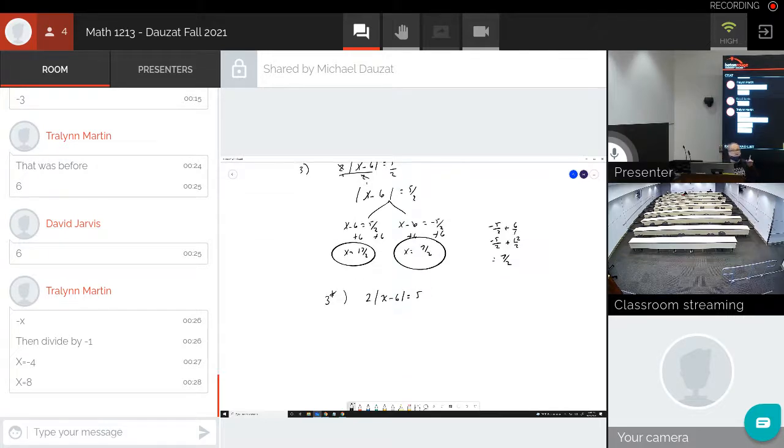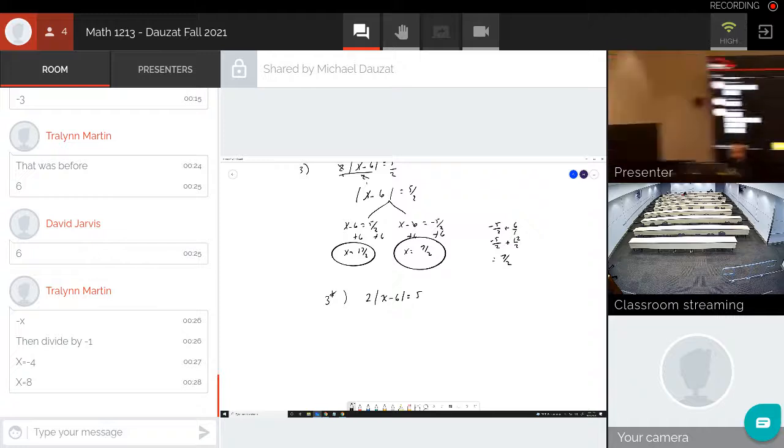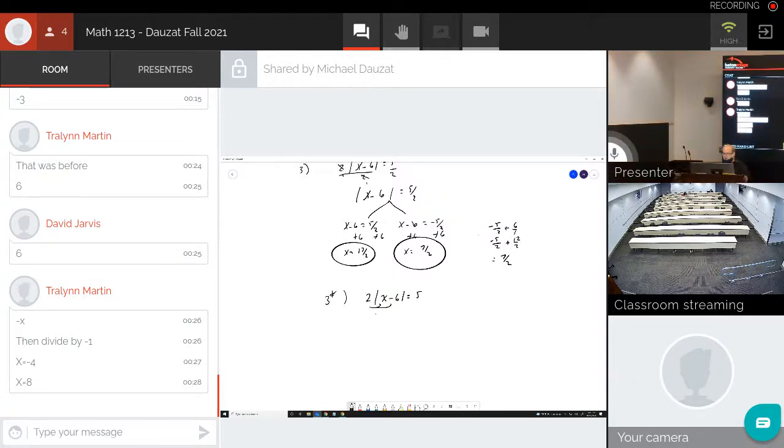Okay, if you had distributed, it's a positive 2 out there. If you had distributed, let's see what you would have done. So if you distribute, you get the absolute value of 2x minus 12 is equal to 5.